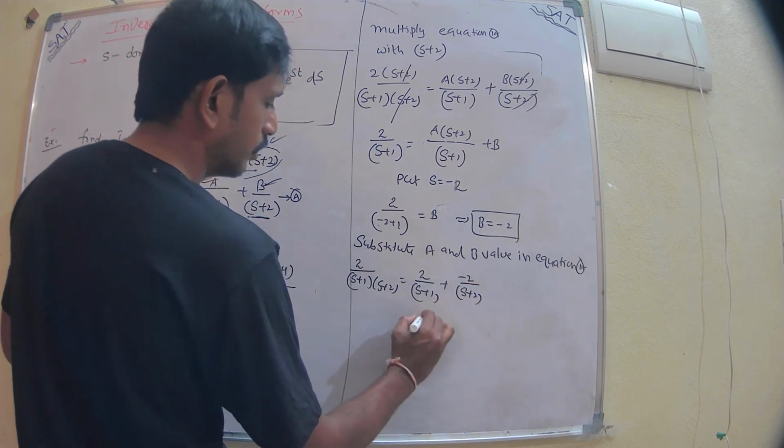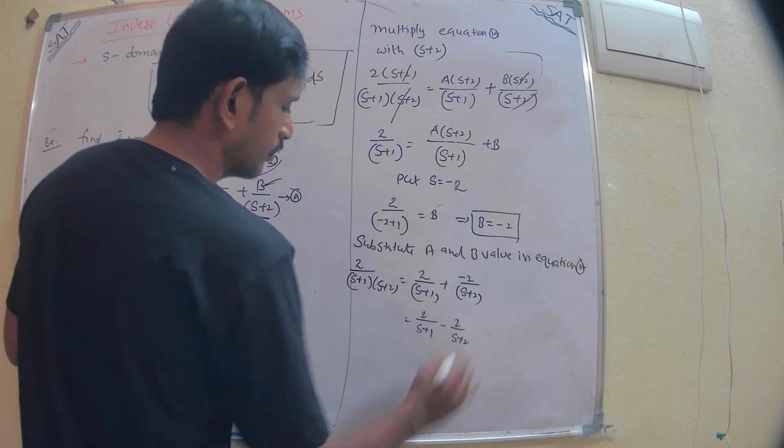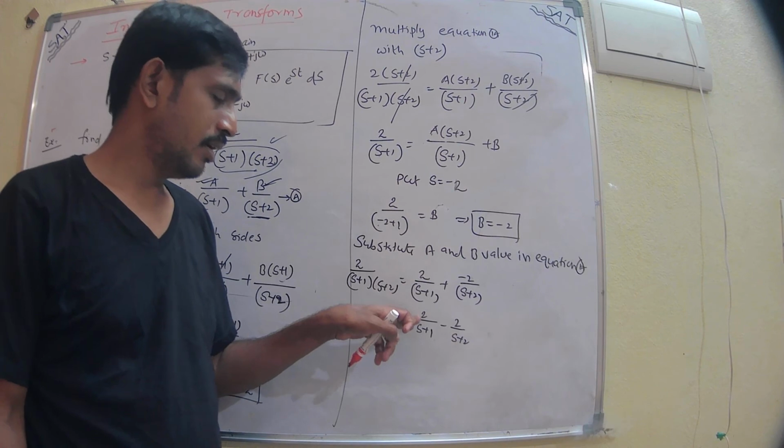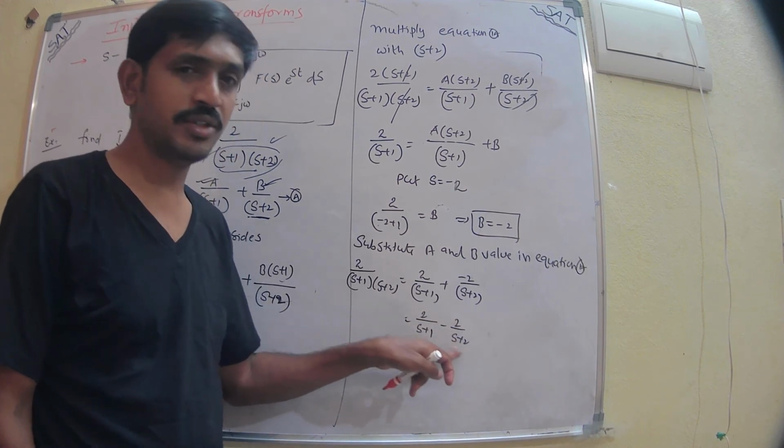Then 2 by (s plus 1) minus 2 by (s plus 2). Listen here, it is like 1 by (s plus a), where a is equal to 1 and a is equal to 2.